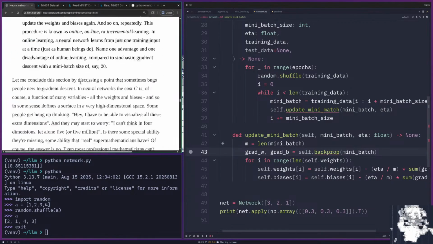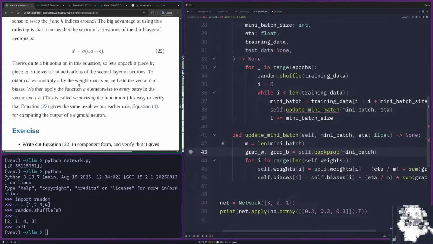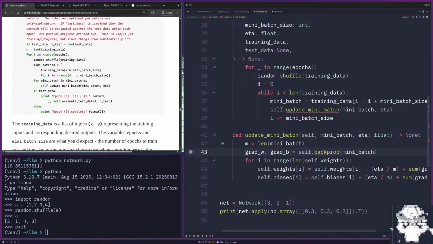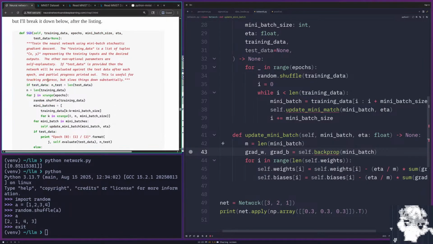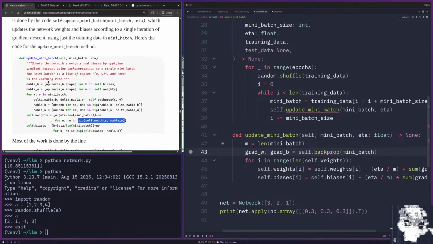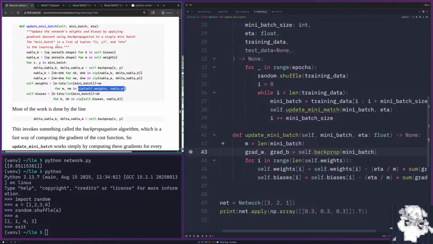So let's see how close we are. So you had to call backprop more than once. Backprop, you call it on a single example, it looks like.